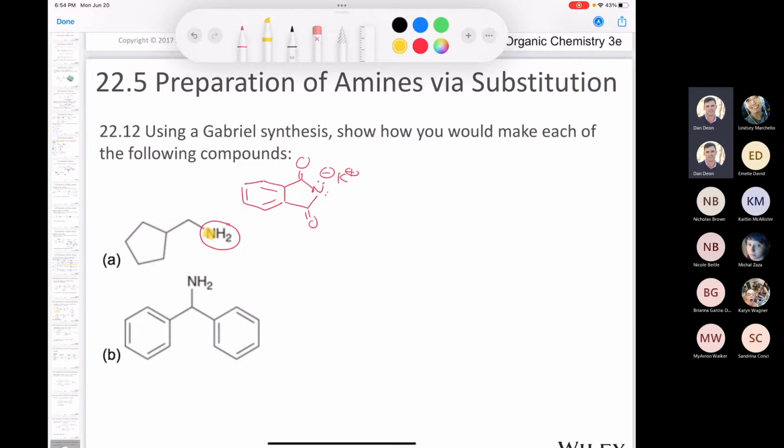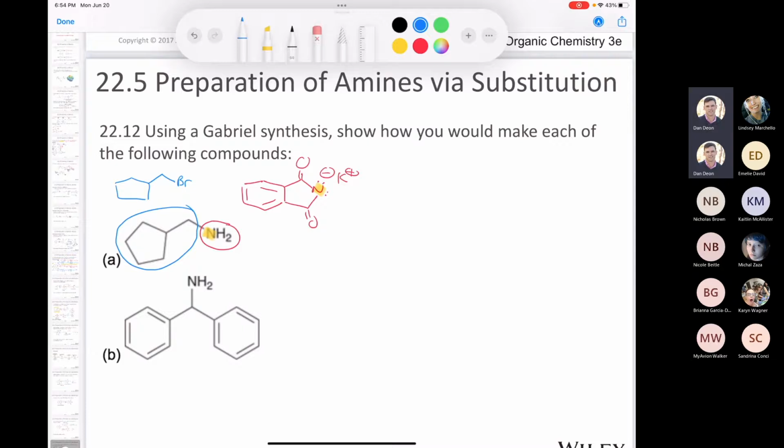This nitrogen, I'll highlight it in yellow, this comes from here. The entire remainder of the molecule, all of this comes from the alkyl halide, which is going to be this alkyl bromide, iodide, or chloride. Okay, so everything comes from here.